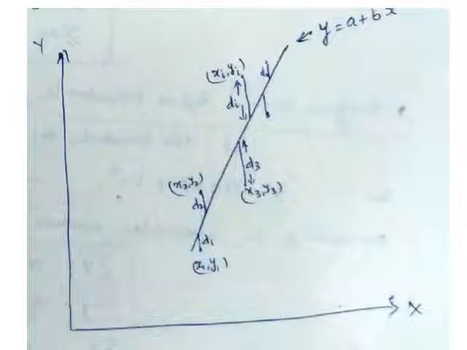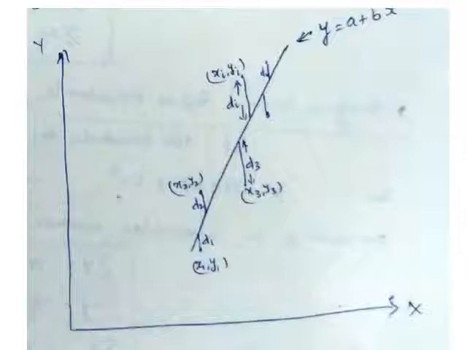By seeing this already fitted straight line, we find that d1 will be negative, d2 will be positive, d3 will be negative, and di will be positive, and so on. It means some of the differences are negative, some are positive.